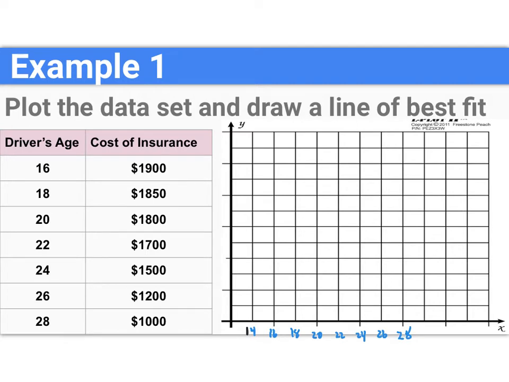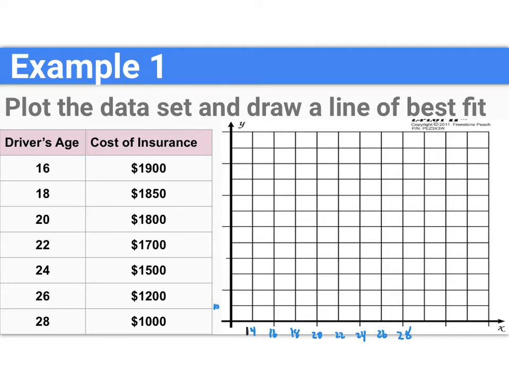Okay, so we got 1,900, 1,000. And we go by, let's see, 1, 2, 3, 4, 5, 6, 7, 8, 9, 10, 11, 12. I don't have enough lines to go by 50s, but I will go by 100s.